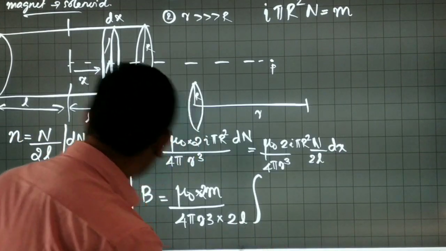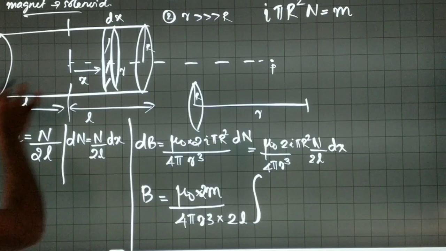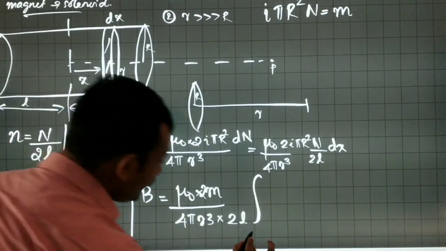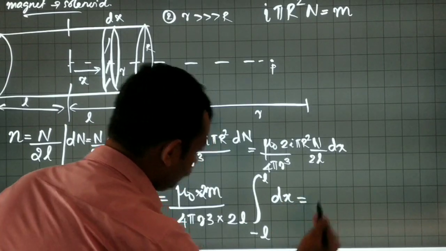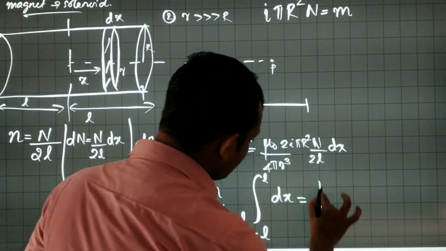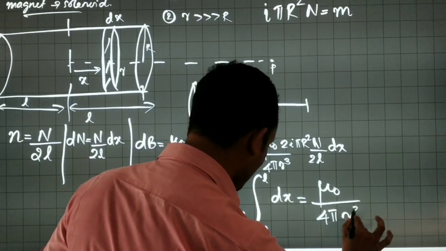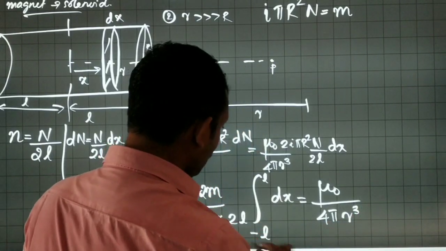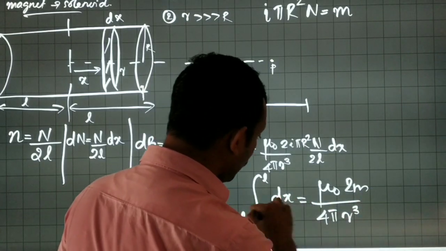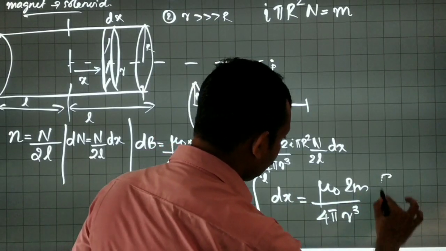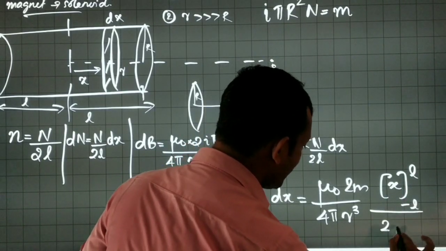Now integrating within the limits. First element here, last element here, which means minus L to L dx. So we will get mu 0 by 4 pi small r cube into 2m, and when you integrate, the integral of dx is x within the limits minus L to L, the whole divided by 2L.